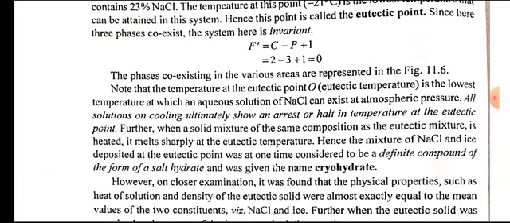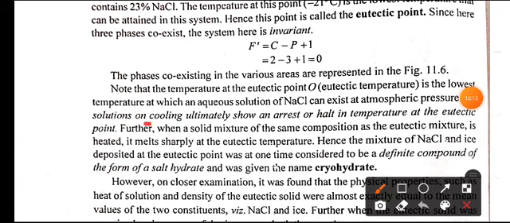Here, the important note is that the temperature at the eutectic point is the lowest temperature at which an aqueous solution of sodium chloride can exist at atmospheric pressure. All solutions on cooling ultimately show an arrest or a halt in temperature at the eutectic point.